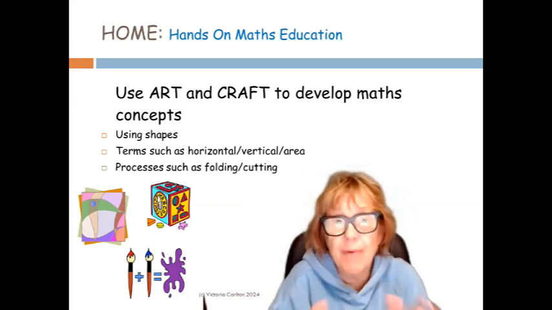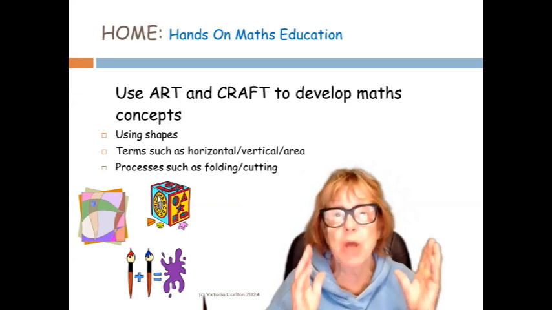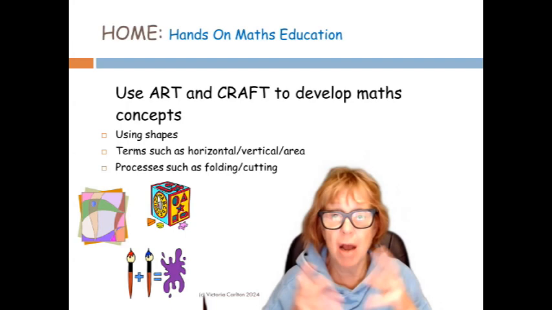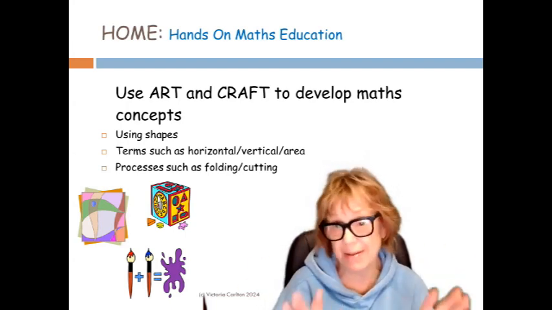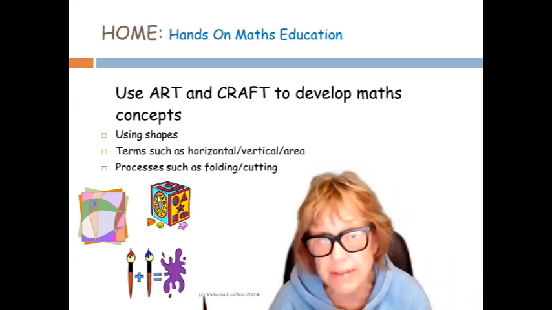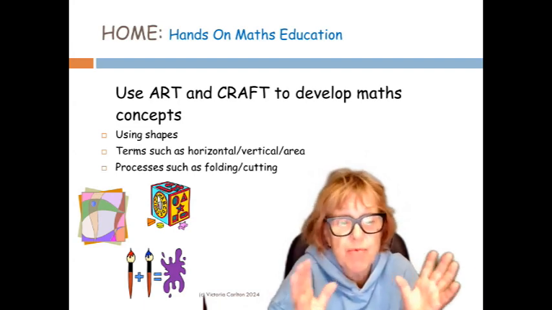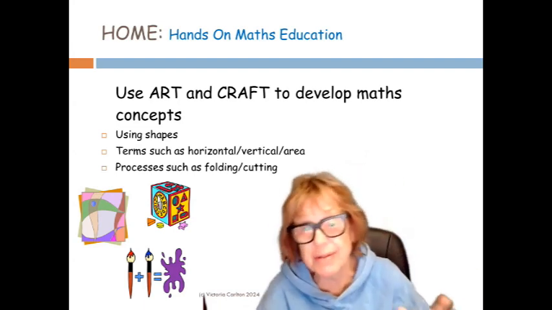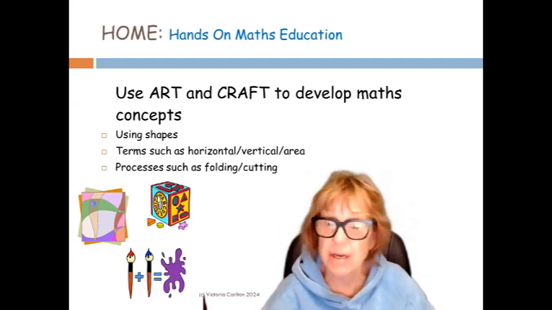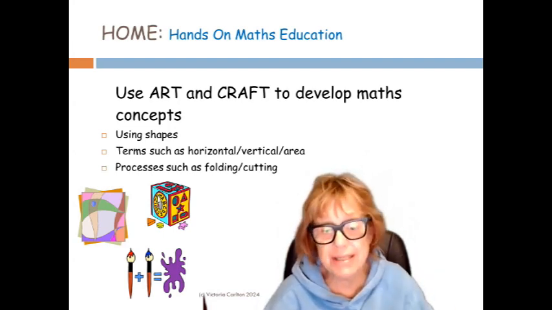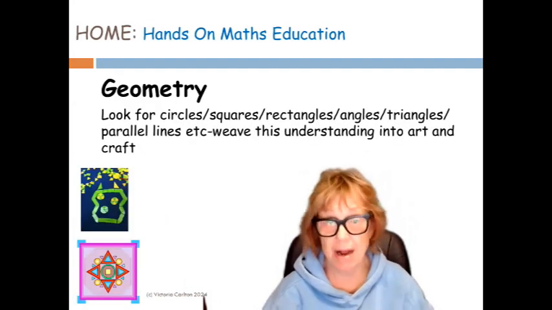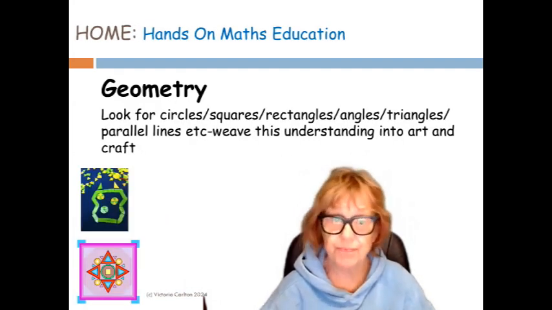Whenever I'm doing art with kids, which is often because I teach a lot of very visual learners, I make sure that I weave our maths into that. I talk about the angles, the right angles, the vertical lines, the diagonals, all of those sorts of things. So it's an interesting, relevant way to actually deepen our understanding of maths.